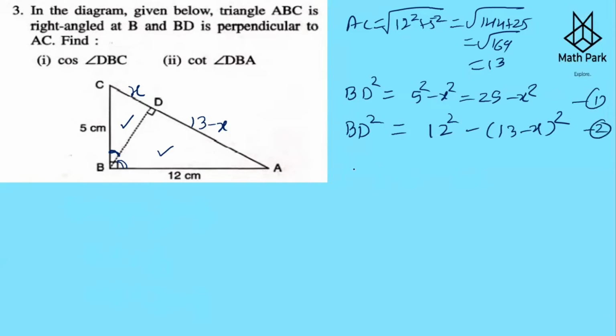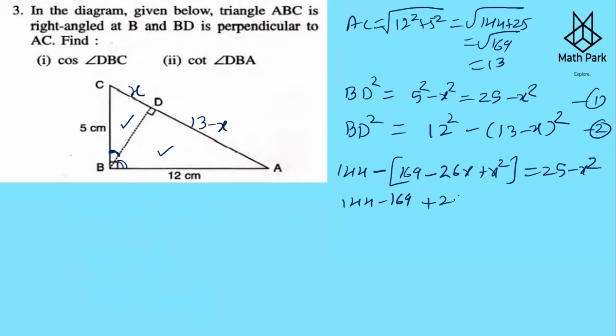So if I take 12 square, that is 144 minus, I'll expand this 13 minus x the whole square, 169 minus 2 times 13, that is 26x, plus x square, which is equal to 25 minus x square. Let us simplify this. 144 minus 169 plus 26x minus x square is equal to 25 minus x square.